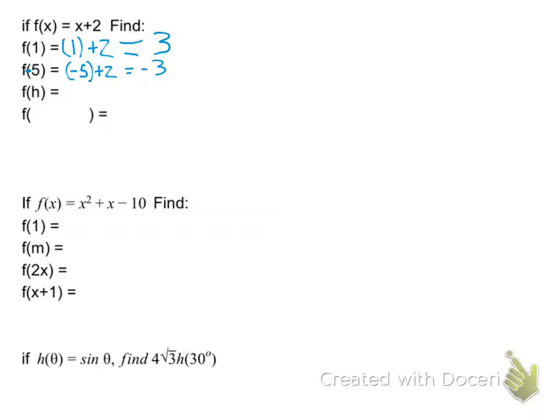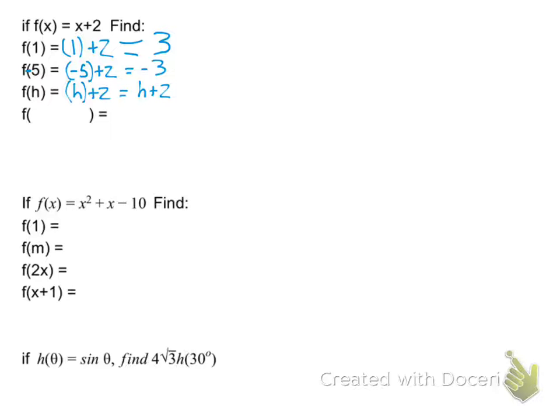Now I'm going to start to mess with you and say, what if I call it f of h? I just take the x out and put h. It's not that big of a deal. And so the answer is h plus 2. Now, how do I state this? If you were to look in the answer book or online, they might not just leave it laying out here with the 3, the negative 3, and the h plus 2.